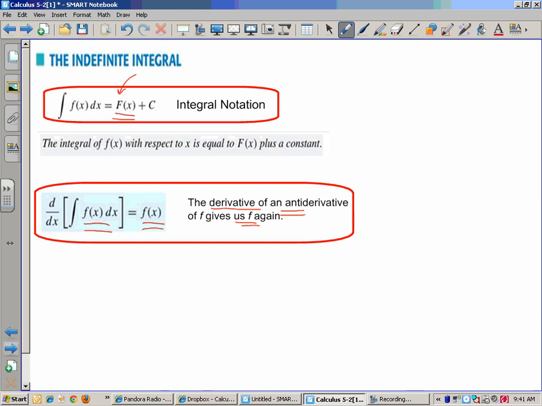That'll change later in the book a little bit, but for all intents and purposes, this is common practice. Capital F represents an antiderivative. And again, notice we have no bounds, and therefore we have to have the plus c. A derivative and an antiderivative, these two operations will undo each other. So when you take the derivative of an integral, you're actually going to get whatever was inside the integral.